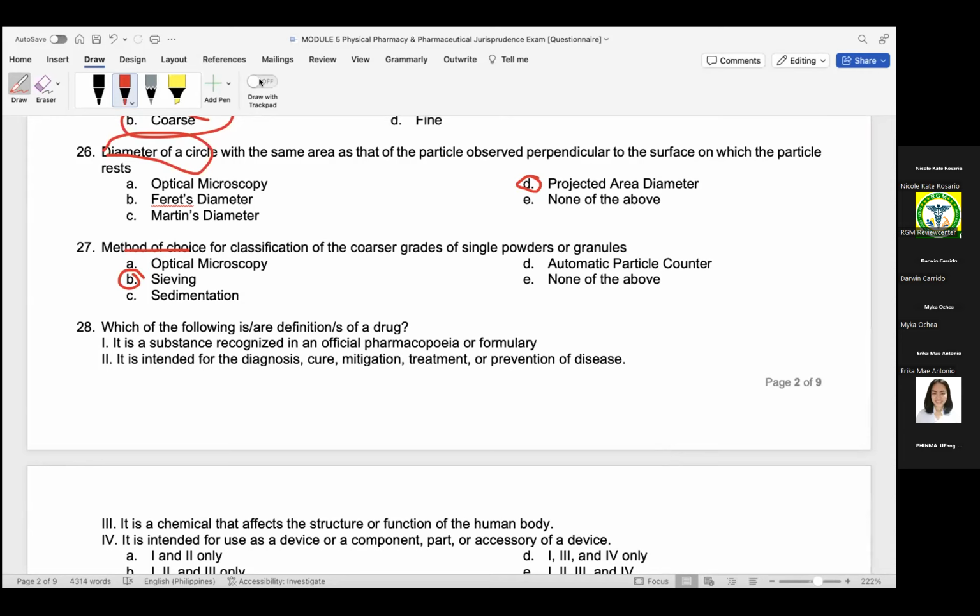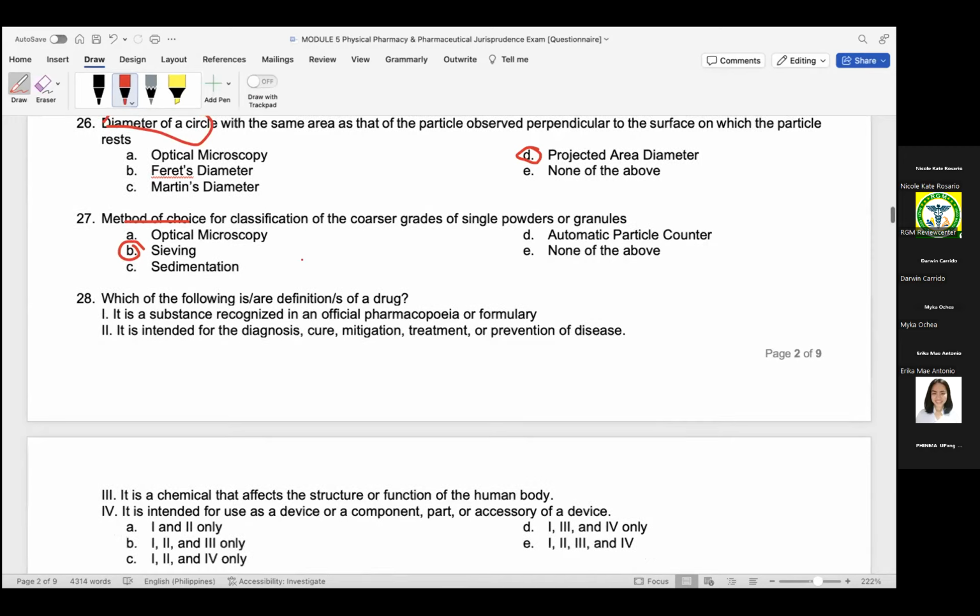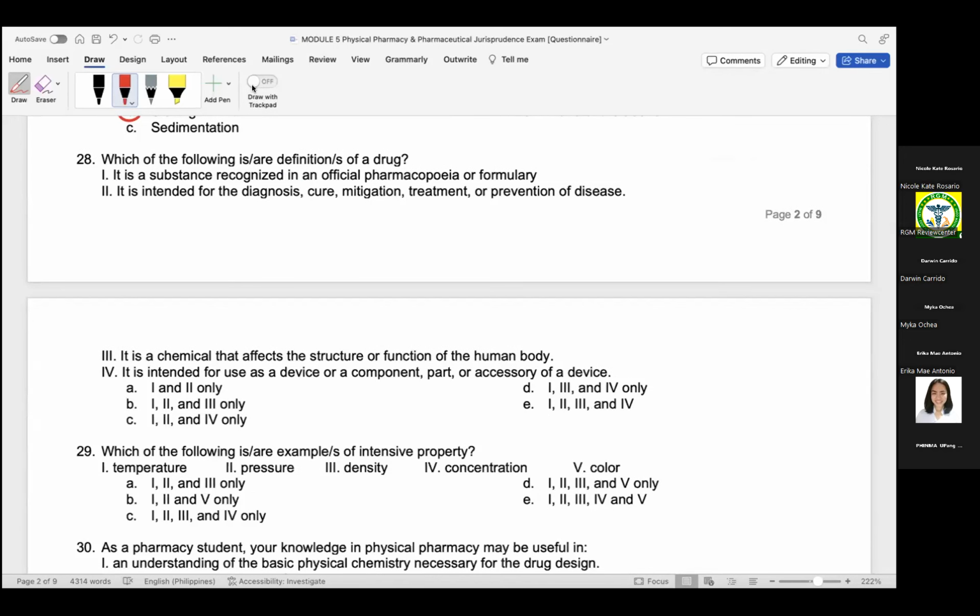Okay, next. Which of the following is or are definitions of a drug? 1, it is a substance recognized in an official pharmacopoeia or formulary. That is true. 2, it is intended for the diagnosis, cure, mitigation, treatment, or prevention of disease. That is also true.